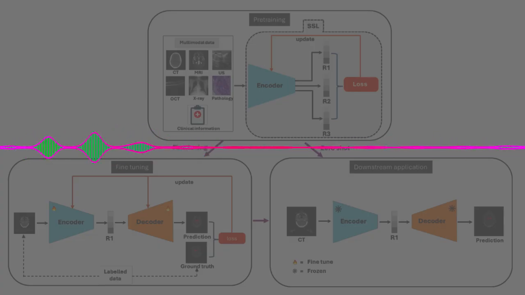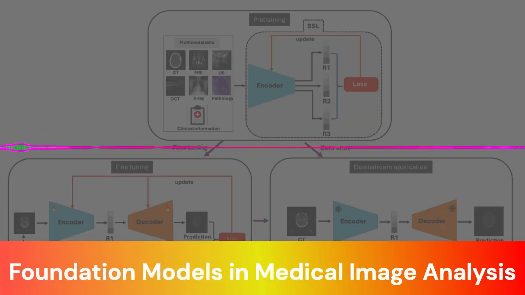For the last decade, we have relied on traditional deep learning, or DL, to provide some relief. But these models were narrow specialists. They could achieve superhuman accuracy on one specific task, say, classifying breast cancer in mammograms or segmenting the liver. Right. They were phenomenal specialists, but they created a massive scalability problem.